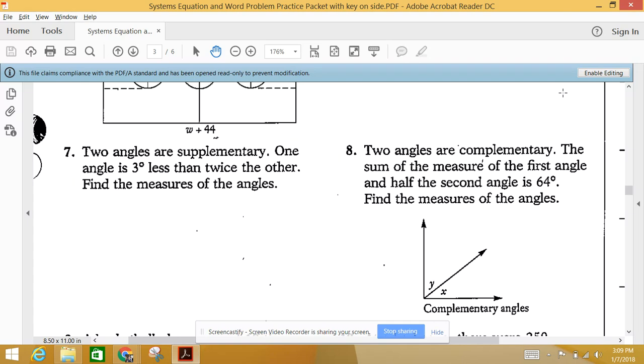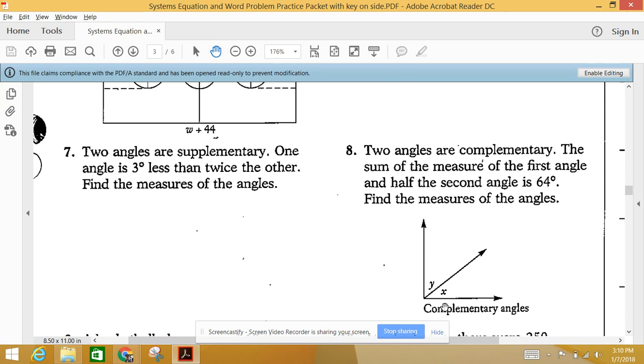All right, I will go ahead and walk through number 8, assuming you've done that setup and you paused. Two angles are complementary. The sum of the measure of the first angle and half the second angle is 64 degrees. Find the measure of the angles. They've even laid it out for you here.